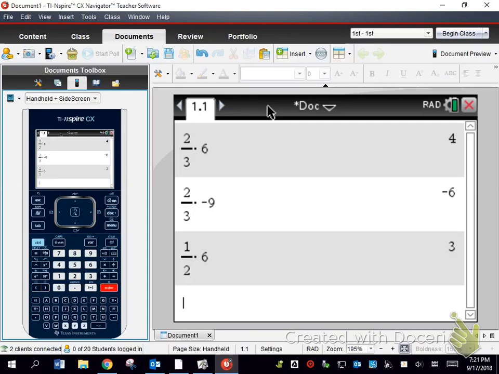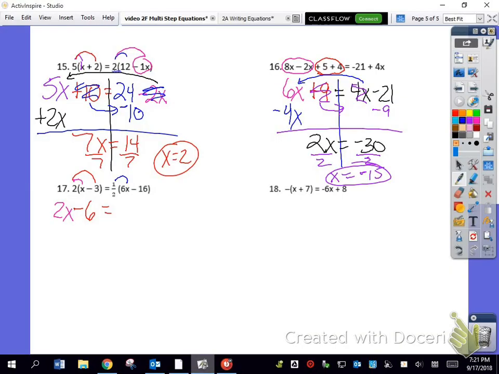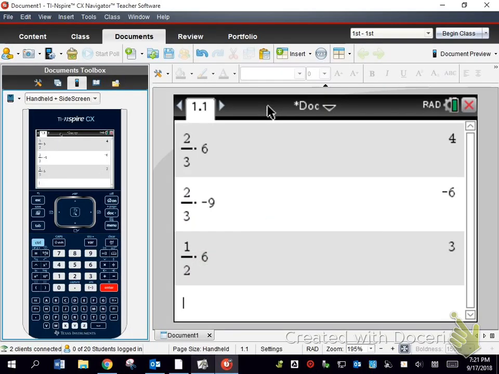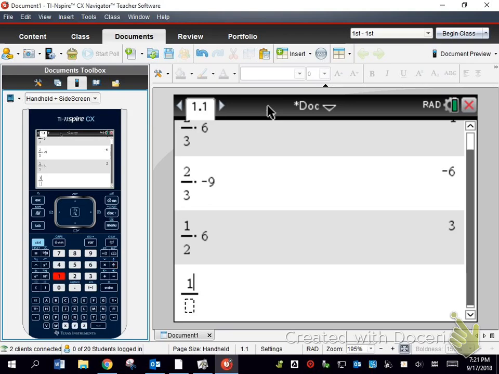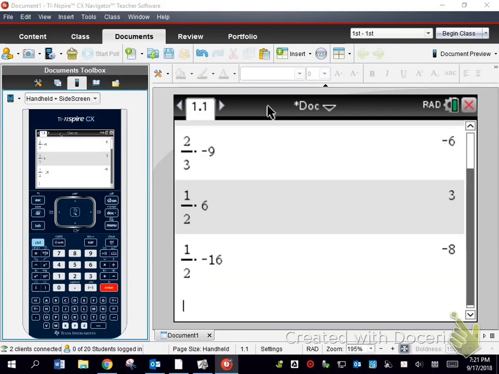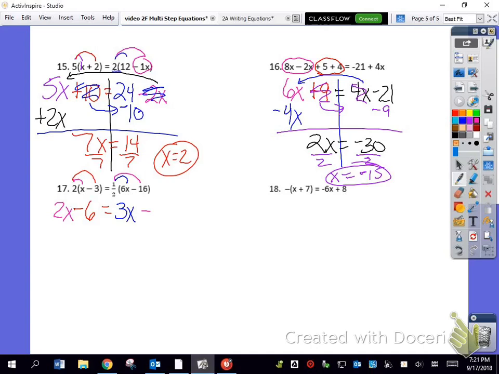Okay, enter. So that's 3. Half of 6 is 3. So that's 3x. And you got to do the same thing with the negative 16. Okay, so you got 1/2 and parentheses, and that is a negative 16. So make sure you put negative 16, enter. You get negative 8. So make sure you do minus 8.